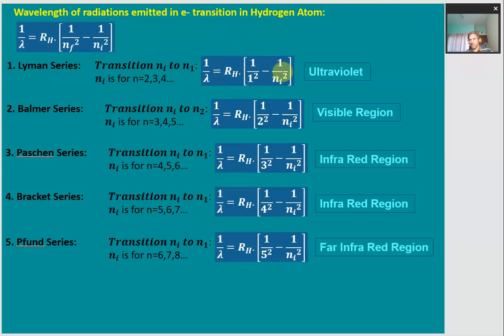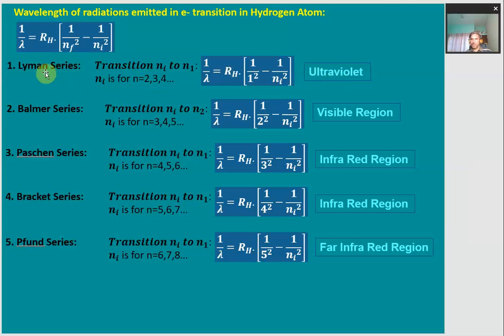When we find the wavelength, for example for second energy orbit to first orbit, the calculated wavelength comes out to be such that it falls in the visible region, or sorry, ultraviolet region, not visible but ultraviolet region. So all these radiations emitted from second energy level to first, third to first, fourth to first, all together are called the Lyman series.